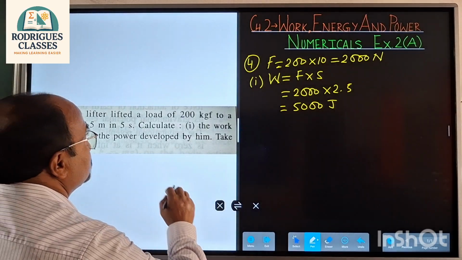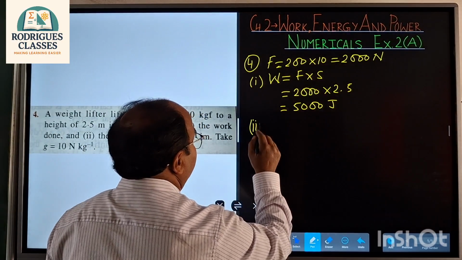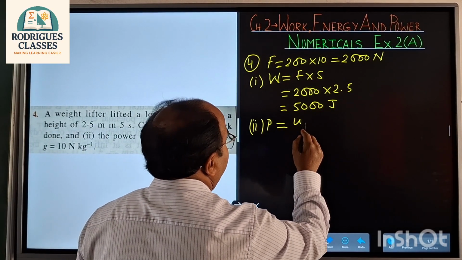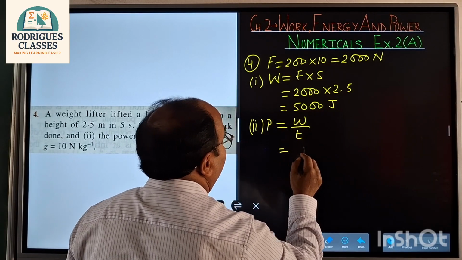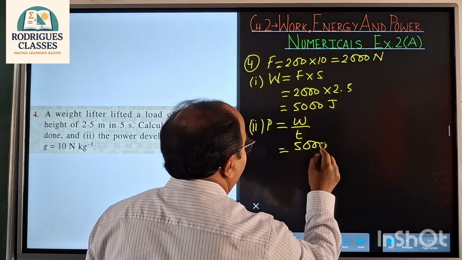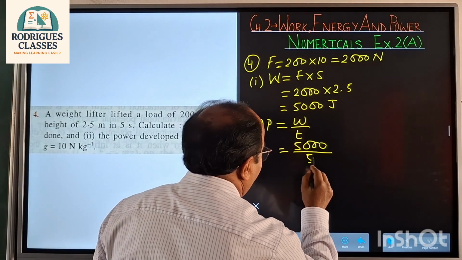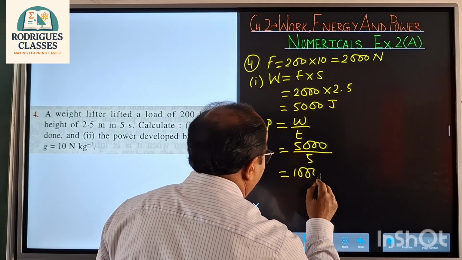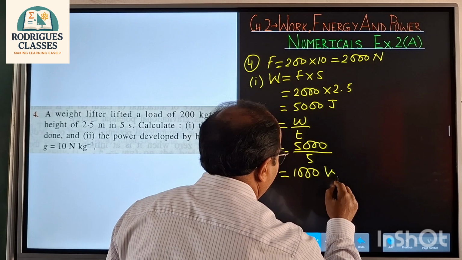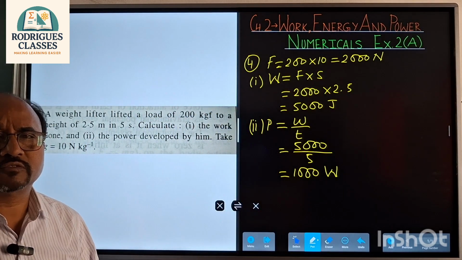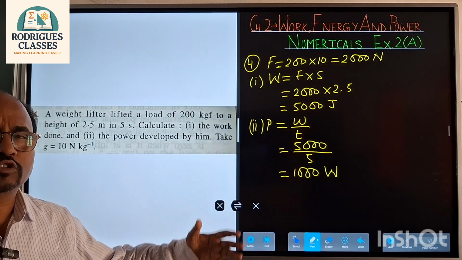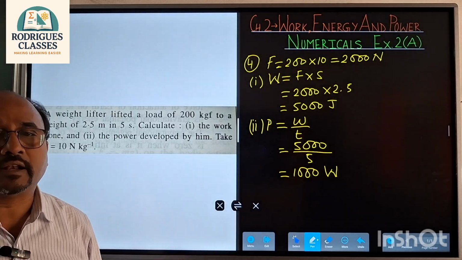Now the second one is to find the power developed, which is already a very simple sum. Power equals work done by time. So work done is 5000 divided by the time given, which is 5. So 5000 divided by 5 will give you 1000 watt. So this was a very, very direct sum. Most of you on your own also must have done it.